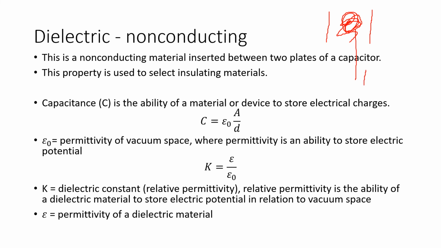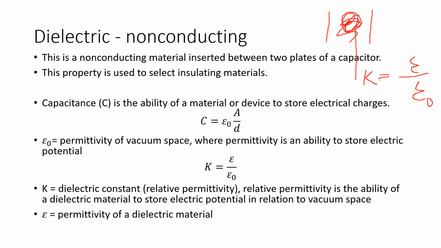dielectric constant. It's just a fraction. So we're looking at the ability to store electric potential, okay, electric potential voltage. So that's over the permittivity, the ability to store the electric potential in a vacuum space. Okay, so it's just a little fraction that we're looking at, and we call that the dielectric constant.